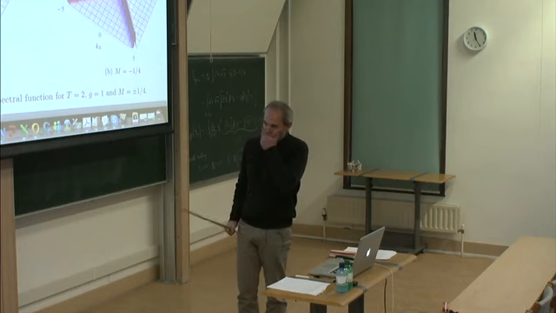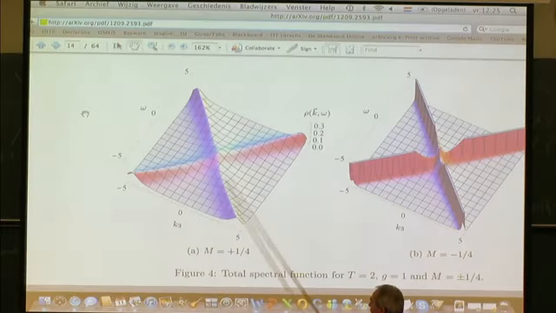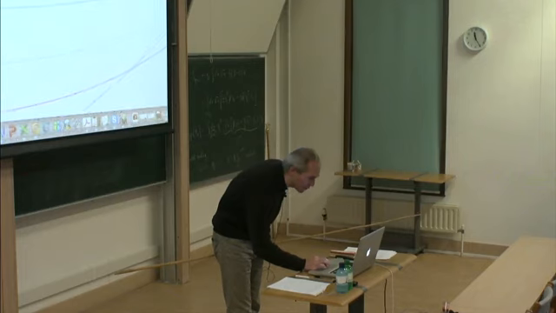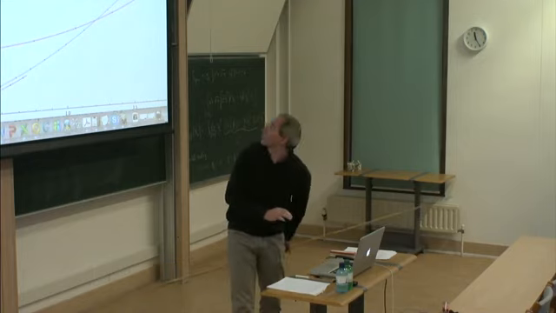Now, you can use these Green's function spectral densities to compute the conductivity. This is numerical work. We do this for finite temperature as well, and we get the following kind of curves.